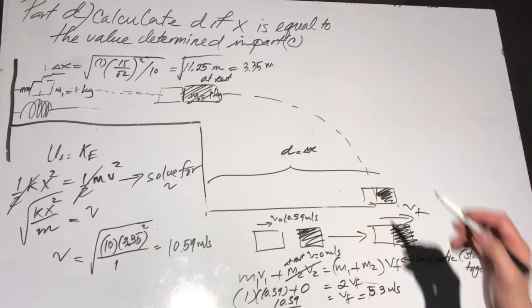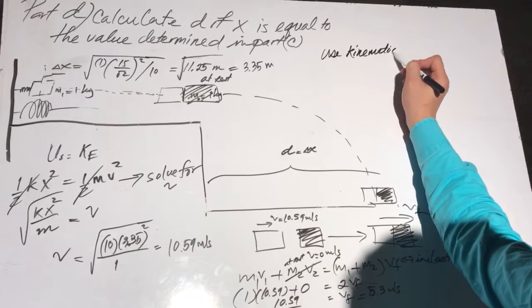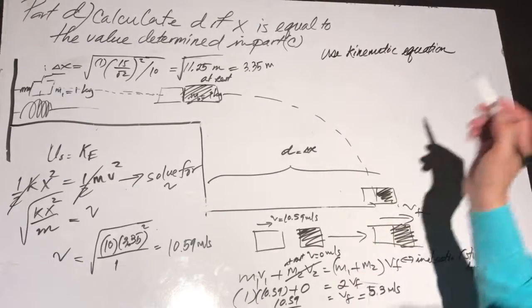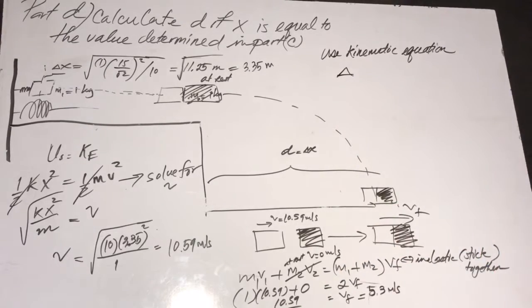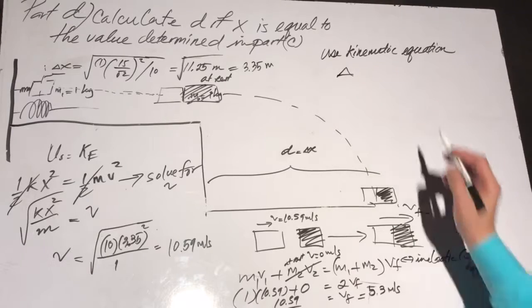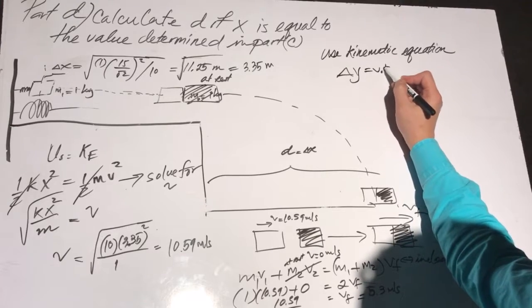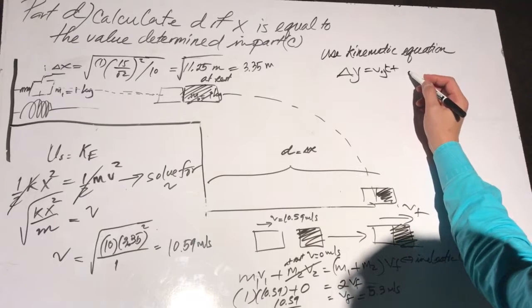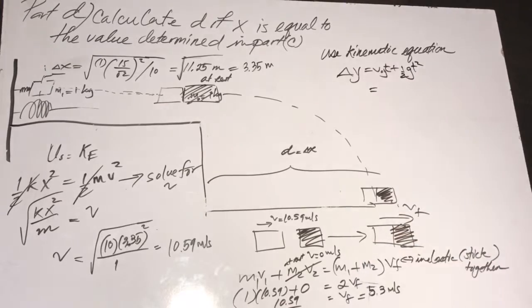So the third part is that we use the kinematics equation. We will utilize this to figure out the time it takes from here to here first, before we can figure out the distance in the x direction.